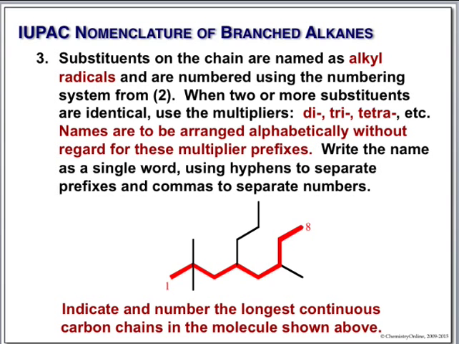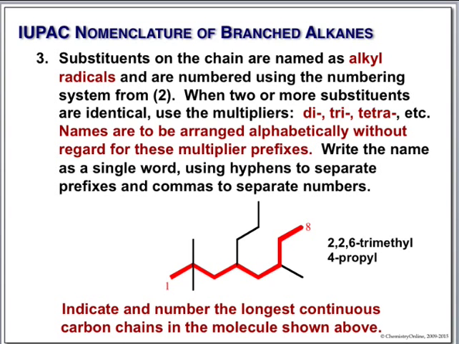We have 2 methyl groups in carbon 2, another one over here in carbon 6, and we have a 3-carbon side chain that's a propyl in carbon 4. So keeping score, we have 2, 2, 6 trimethyl, and in 4, we have a propyl.